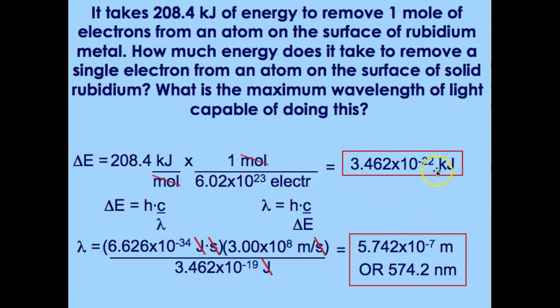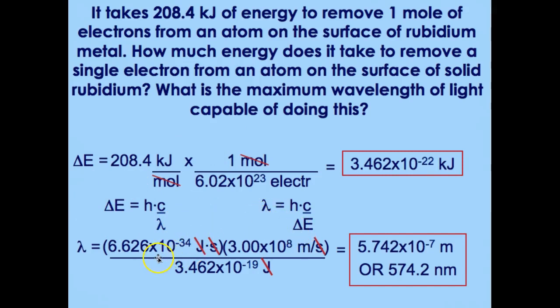And we get that the amount of energy that would be needed to remove 1 electron is just a little bit smaller, 3.62 times 10 to the negative 22nd kilojoules. If we want to know the wavelength that would be capable of doing this, and we know the energy that would be needed, we can rearrange our equation relating energy and wavelength to solve for wavelength in terms of energy.